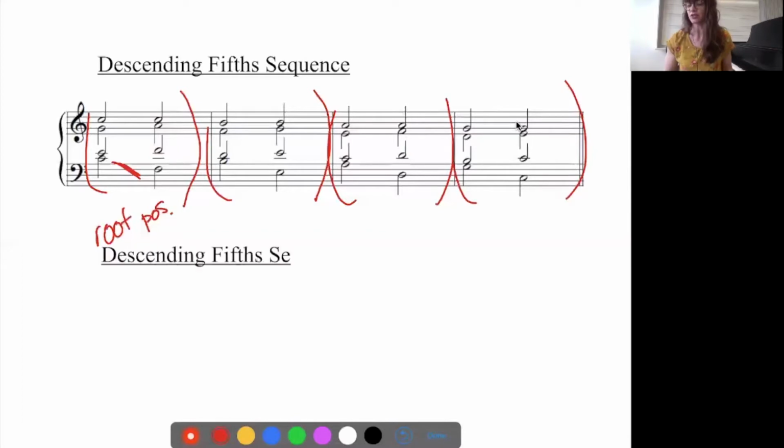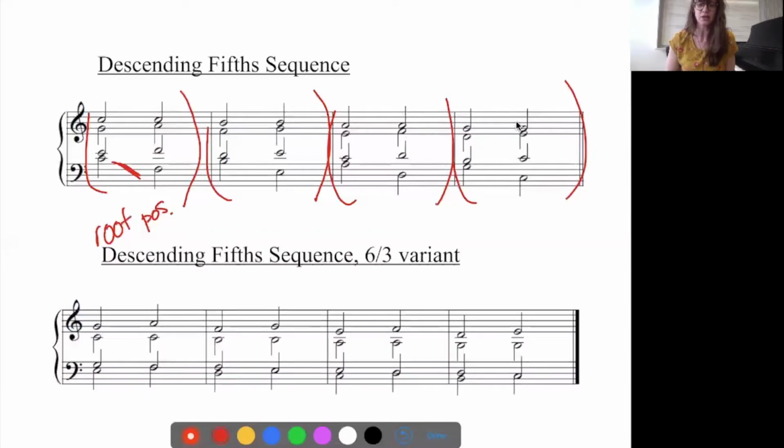And then there was also a variant of that sequence where instead of having root position triads throughout, now we alternate between our 6-3. So we have a first inversion triad here, and then a root position triad after. And this is what we saw in the Mozart that I just put on the previous slide. The root movement stays the same. So when we're talking about root motion, I really, really need you to focus in on the difference between your root and your bass.